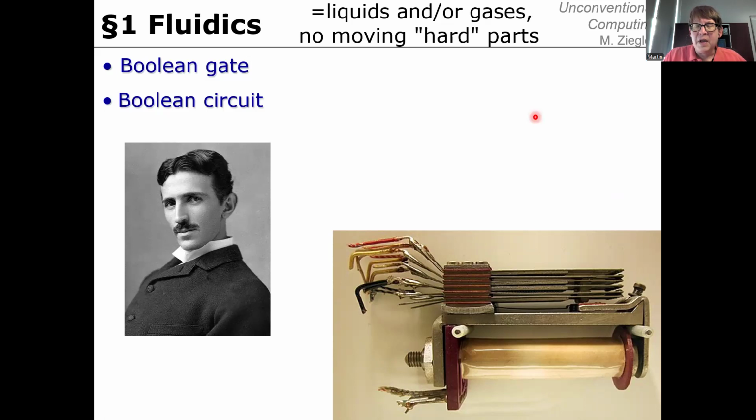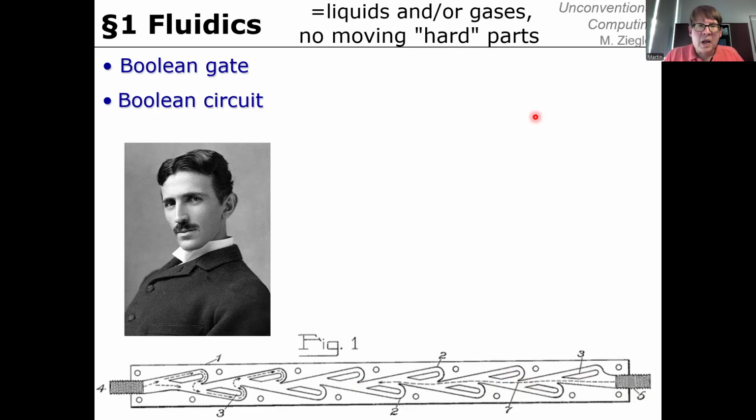And he invented a fluid counterpart to a diode. You may know a diode is where the current can go in one direction, but not in the other direction. It's a one-directional electronic gate. And here's the so-called Tesla valve, which does the same.